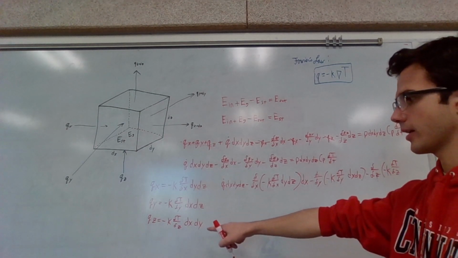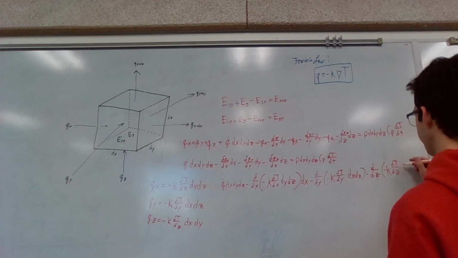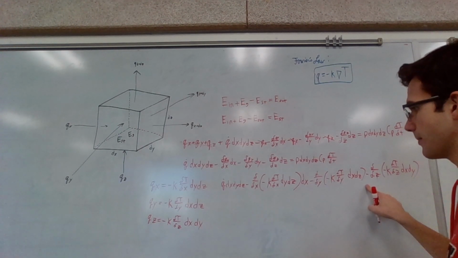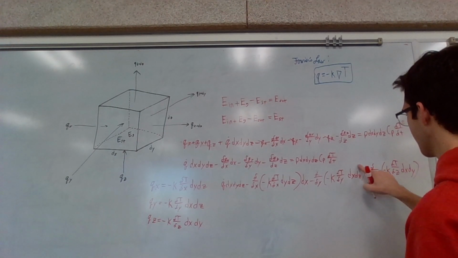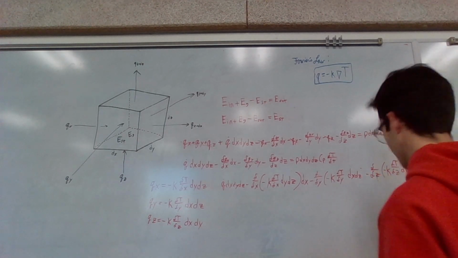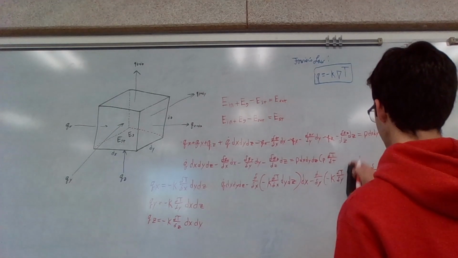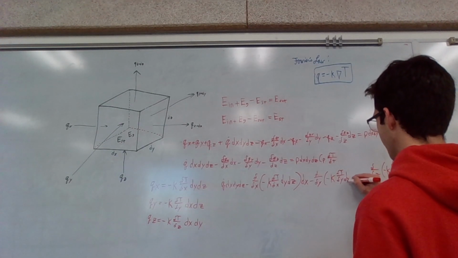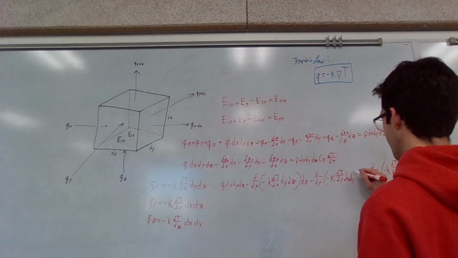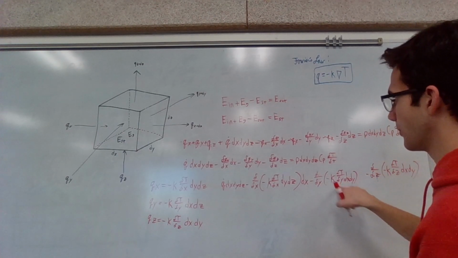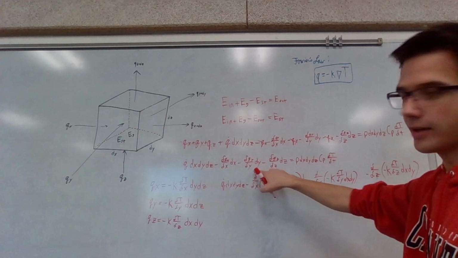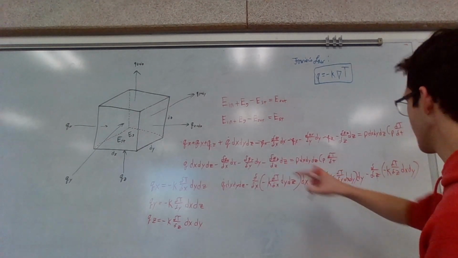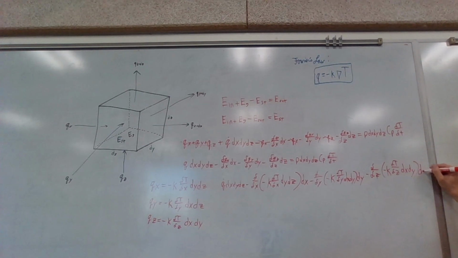And then our control area is dx dy. And I forgot on this term, dx dy here. And I forgot, of course, we're still multiplying that by that dy from up here. So that doesn't go away, so we still have that. And the same thing is true here. We're multiplying that by our dz.